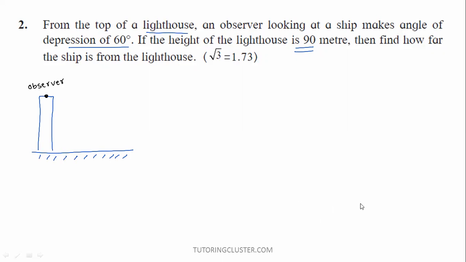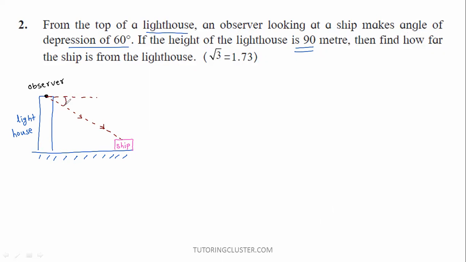The blue color represents the lighthouse. Now this observer is looking at a ship. Here is the ship. He is looking at this ship. This is the line of vision. And how much is the angle of depression?